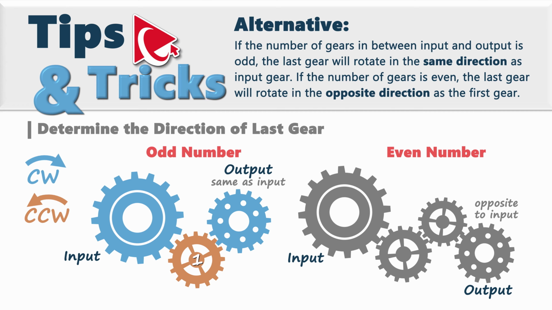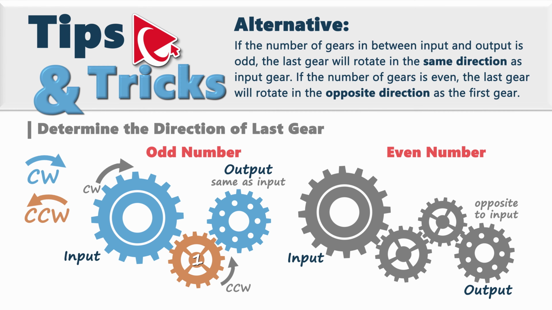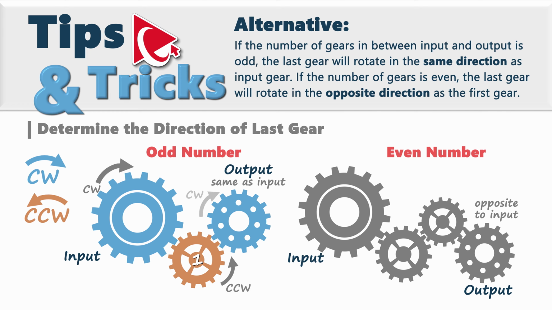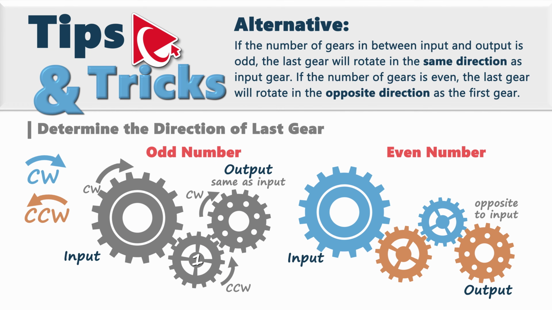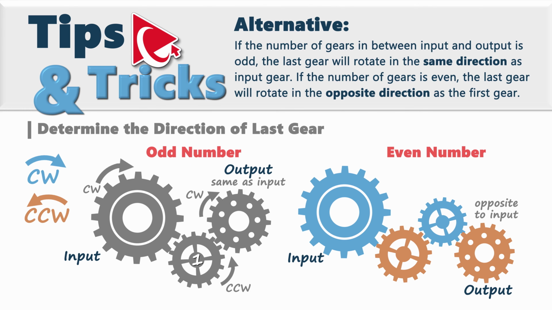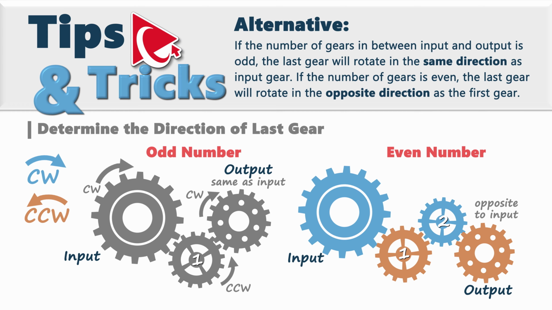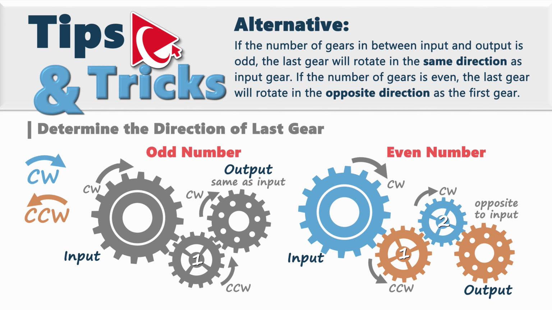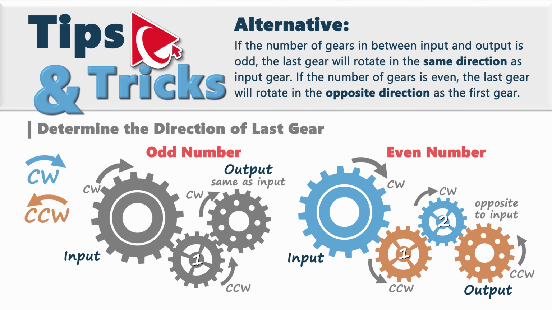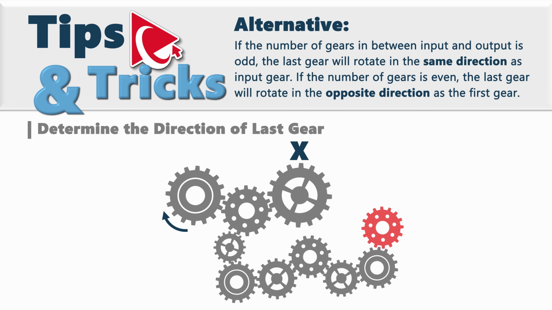The rotation is transferred from input clockwise to the next gear counterclockwise, and then to the output, which would be clockwise again. On the other hand, if there is an even number of gears in between input and output, and the smallest even number is 2, you see how rotation converges from input clockwise to the opposite of the input, counterclockwise, at the output gear.